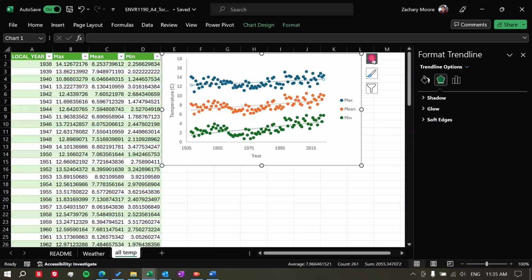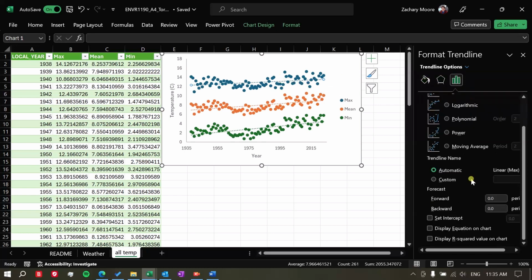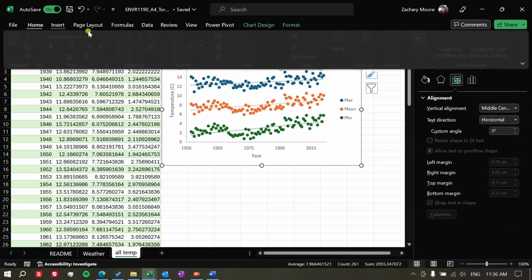The way we can get some more information from this linear regression in our scatter plot is to go to this graphical thing here, for the trend line options when we have trend lines highlighted. We can go all the way down to the bottom and display the equation on the chart. If we click on it again, we can move it to a better spot to look at.